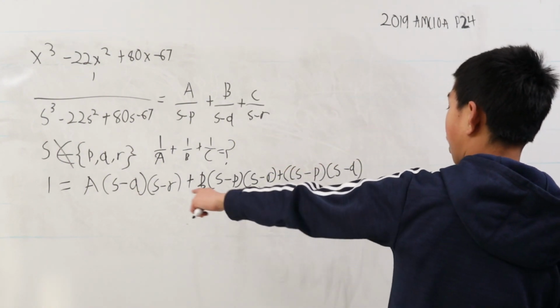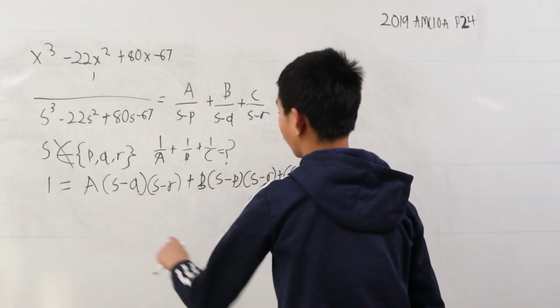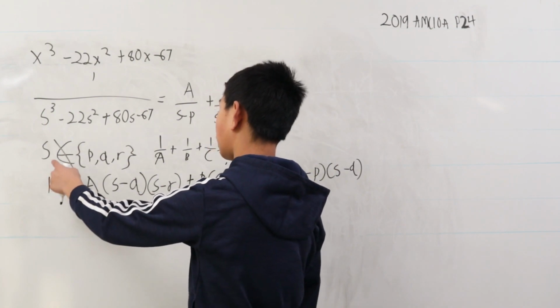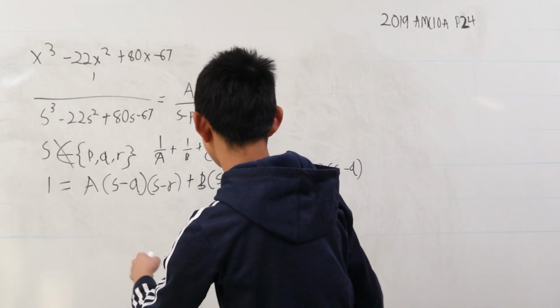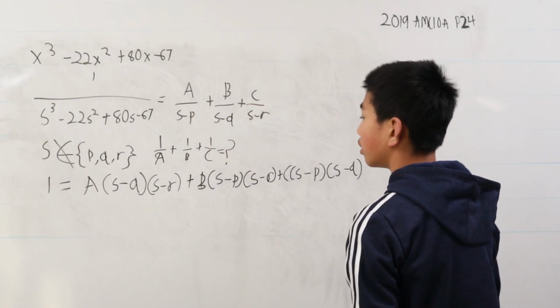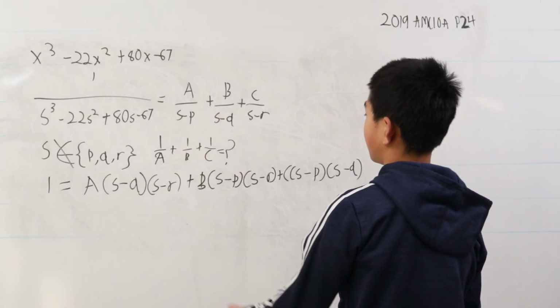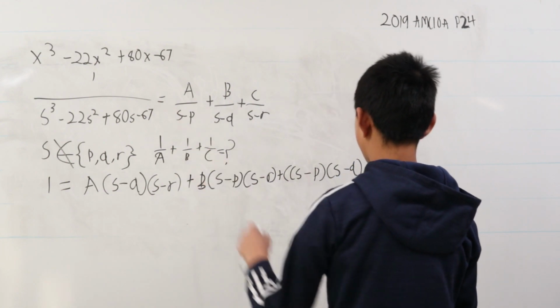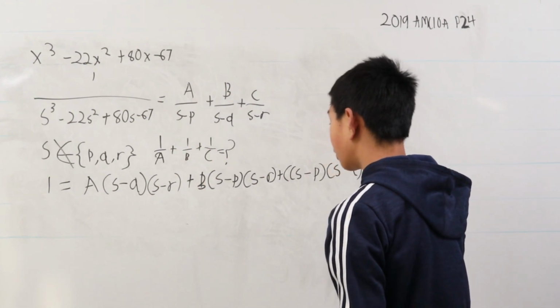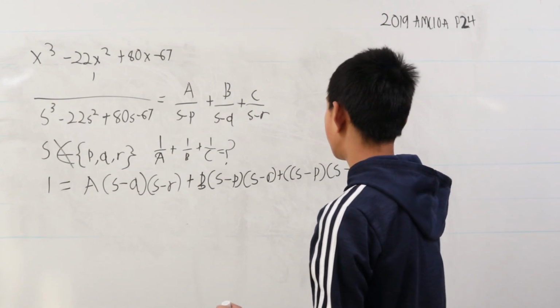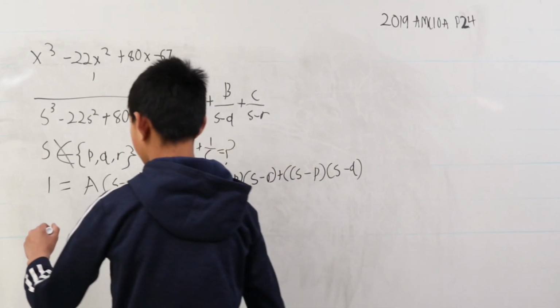Since this is now in a form where it's not a fraction, we can plug in s equals p. Earlier you couldn't plug in s equals p, otherwise the denominator would be 0, making it undefined. But now if you plug in s equals p, it's not going to be undefined. So let's plug in s equals p.